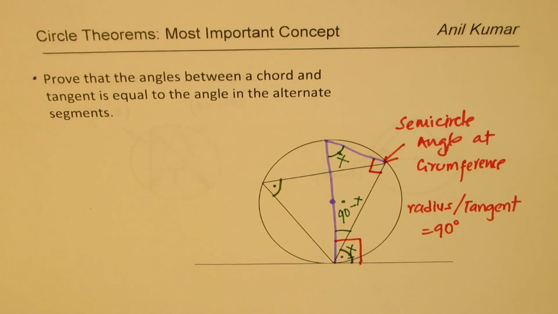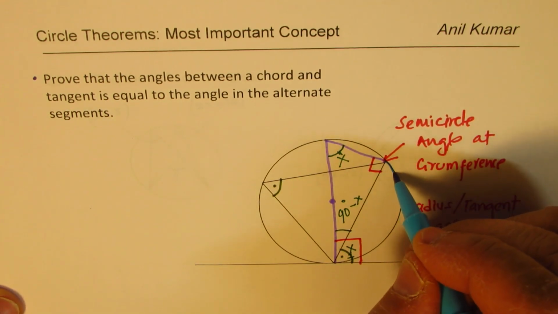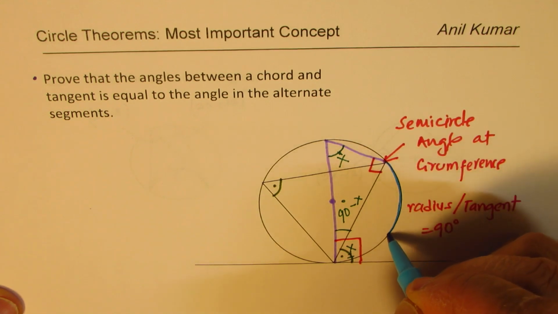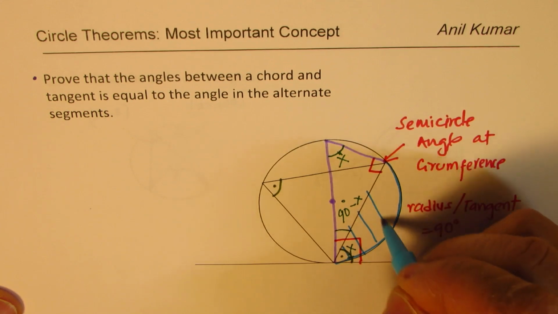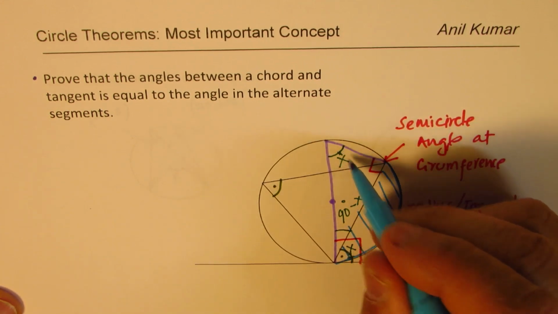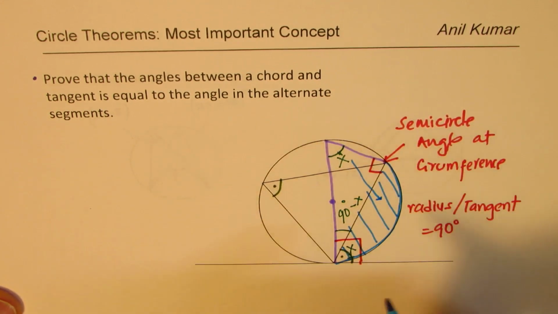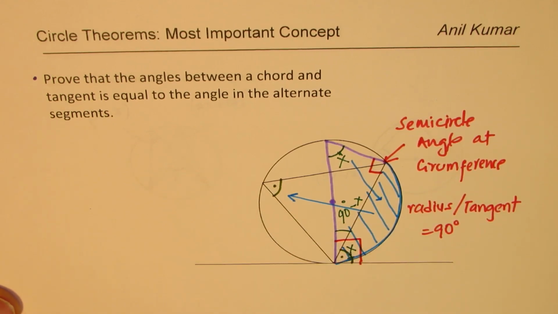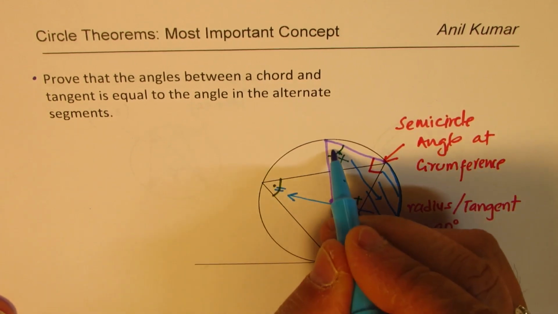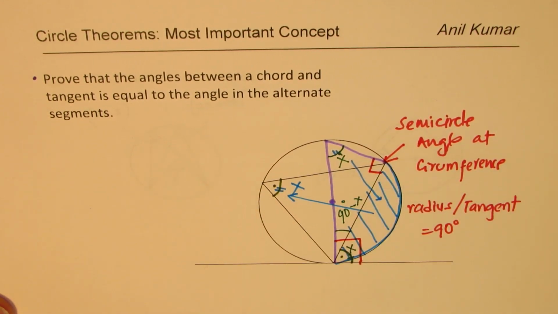Okay, what you also notice is that we have the same arc for both these angles. This angle is opposite to this segment. Do you see that? Now this arc is the same for that angle also. So from here we prove that both these angles should be equal. You get an idea. So that is how we actually prove it.